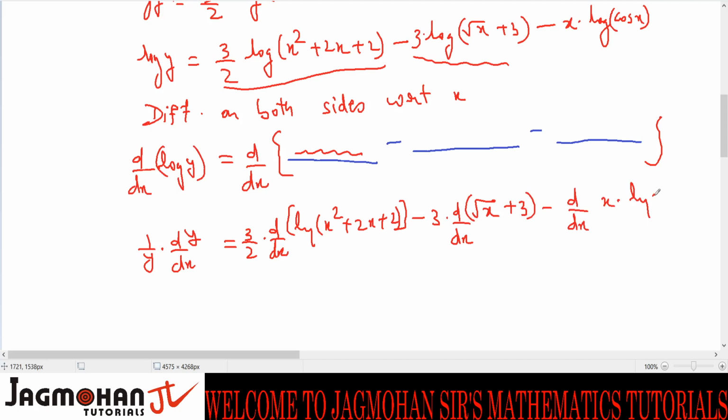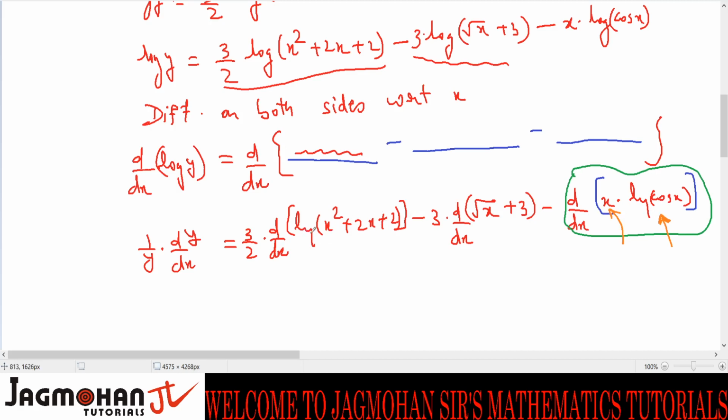Here I would like to say something, students. The last one we are getting is d by dx of x into log cos x. It is only in this one that I have d by dx of u into v. It is a function of x, and this also is a function of x, log of cos x. I have got a product of two functions only here, and in the rest I did not get a product.